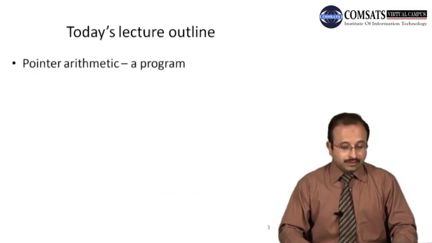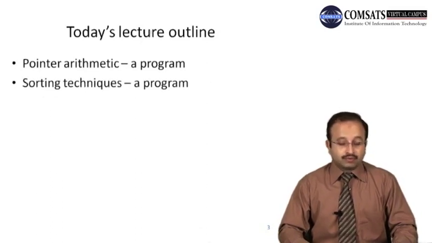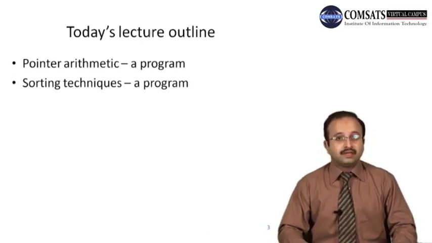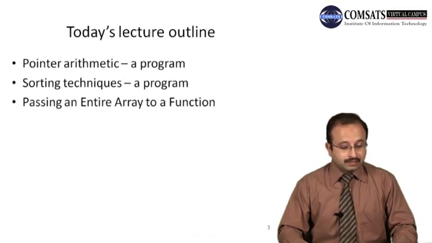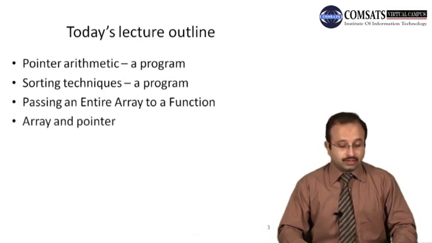Today's lecture outline: today we see some pointer arithmetic in a program, and then some sorting techniques, and then I will show you one program of one of the techniques, and I hope that you will be able to write the program for the other techniques as well. Then passing an entire array to a function, arrays and pointers.